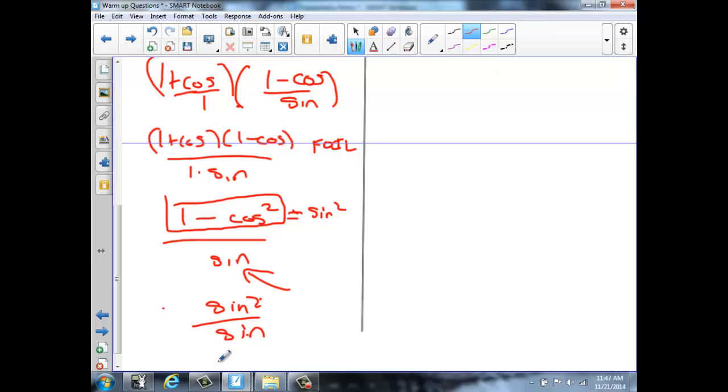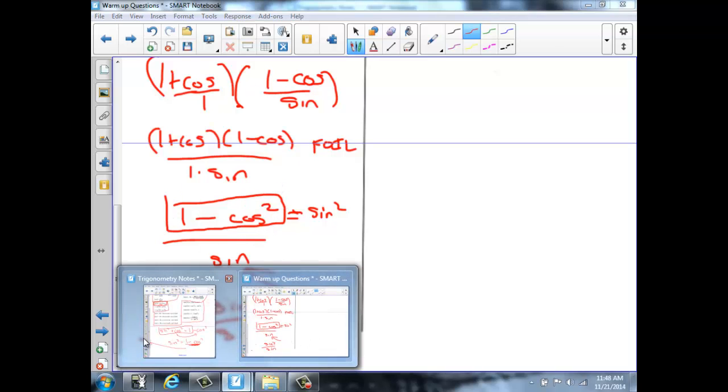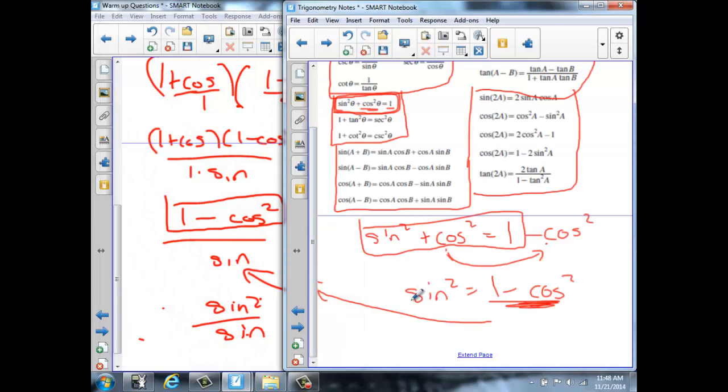Gives you sine. How can you just... Substitution. You're doing substitution. I don't understand how you can just say, hey, you want to put a sine squared right there. Okay, well, right here you have 1 minus cosine squared. But on the other set of notes here, I said that sine squared is 1 minus cosine squared.